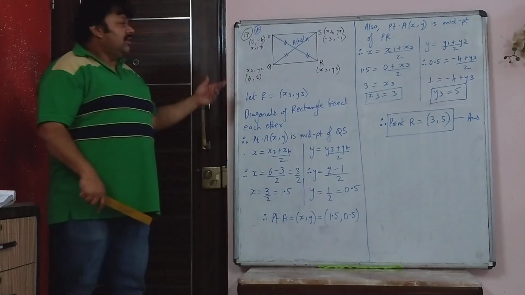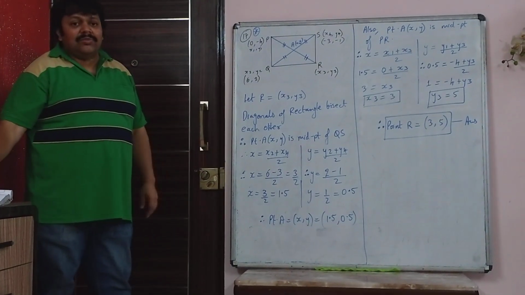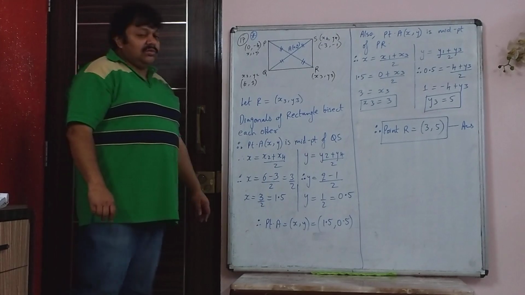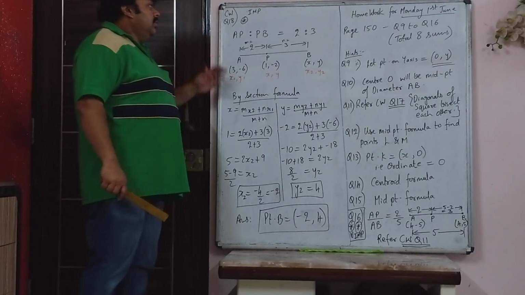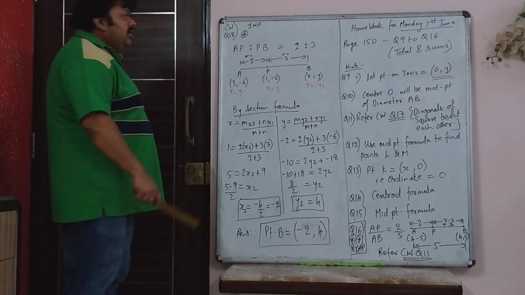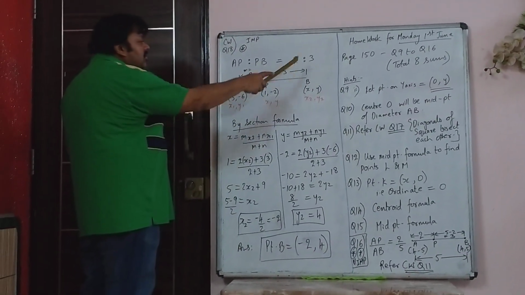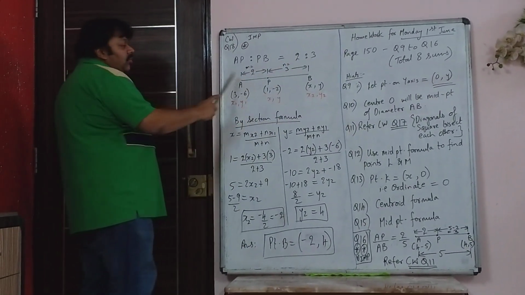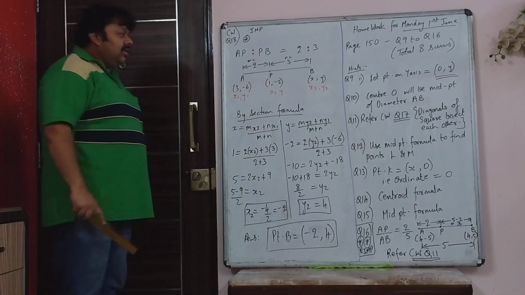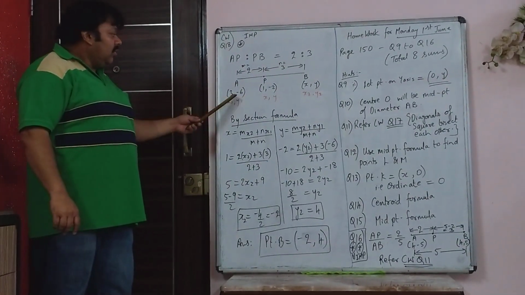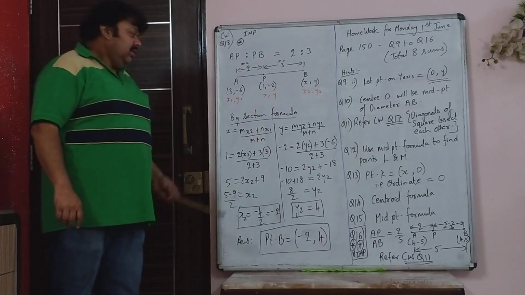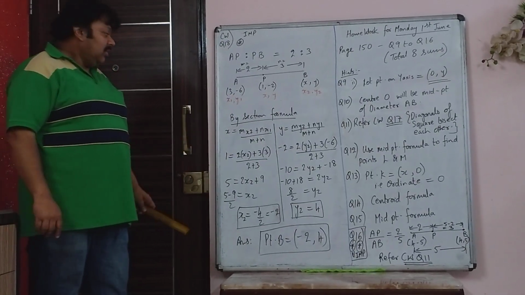So we'll go on to the next, which is the last sum of this chapter, and then the homework questions. Now the last sum. This is a straightforward sum. The ratio AP to PB is given as 2 is to 3. So point P lies on the segment AB. So you know P, you know A, you are asked to find B. So directly use the section formula.